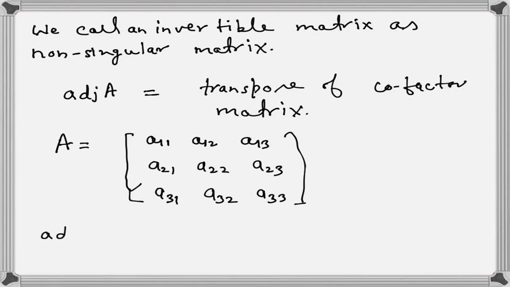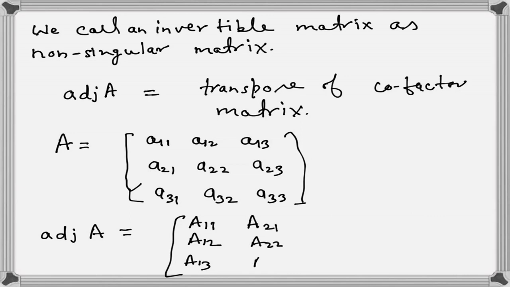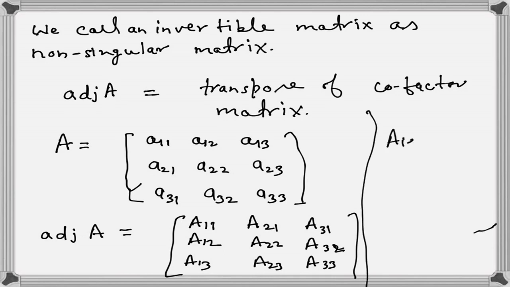If I write the adjoint of A, I just write it as A11, A12, A13, A21, A22, A23, A31, A32, A33, where these Aij are the ij cofactors.